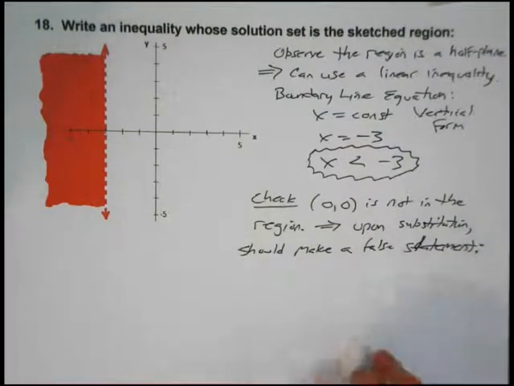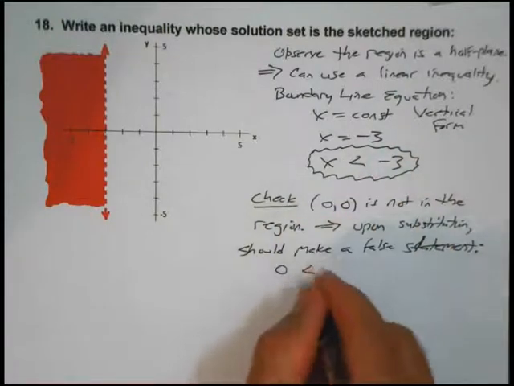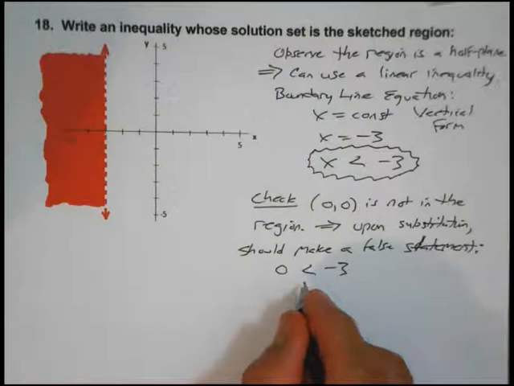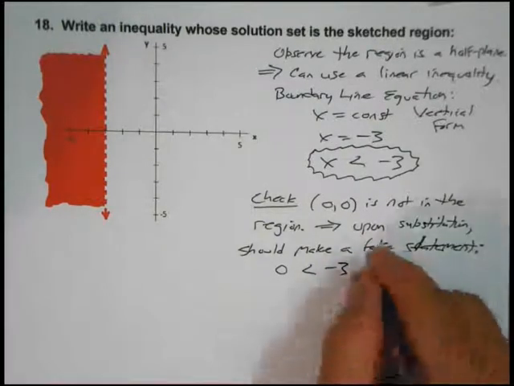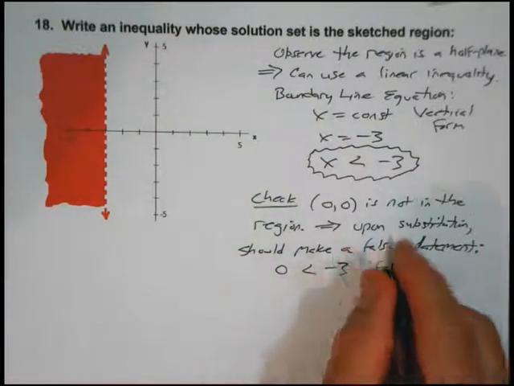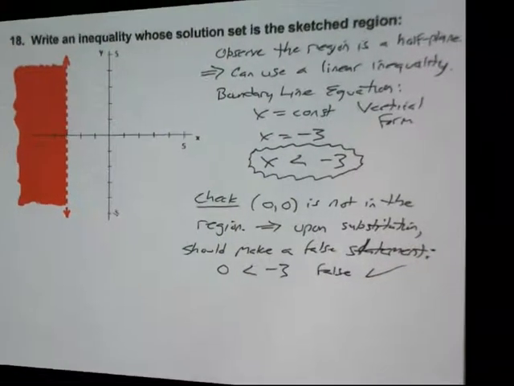Okay, let's see what happens. X is here, it says 0 less than negative 3. What about this? False. Okay, but that's what we wanted to have happen, because 0, 0 is not in our region. Doesn't belong in our solution set. Okay, this looks good.